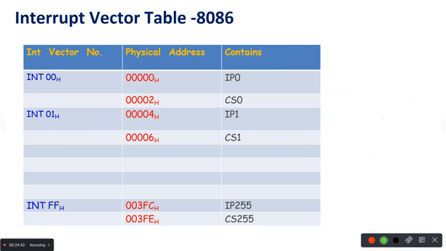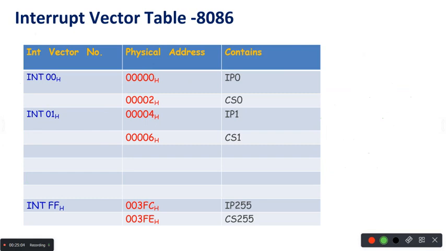All these are interrupts. How many interrupts are there? Tell me, FF means how much in decimal? 256 in total. FF is 255, correct.